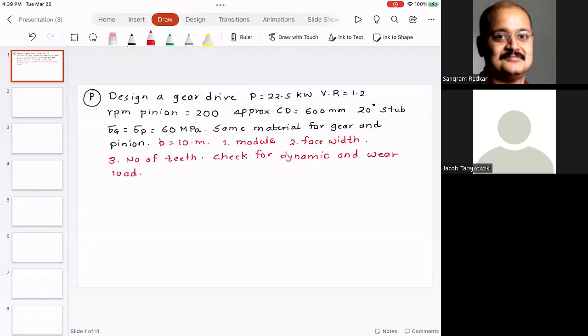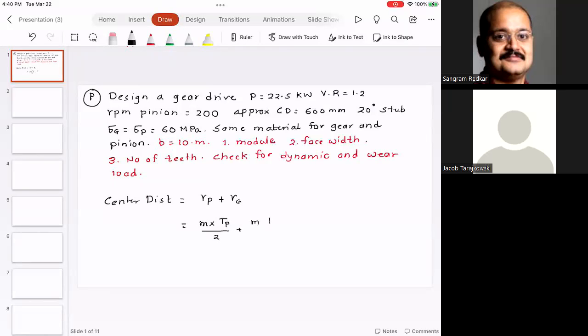Step number 1, center distance is given to us. So that is radius of pinion plus radius of gear. Radius of pinion is module multiplied by number of teeth on pinion divided by 2.